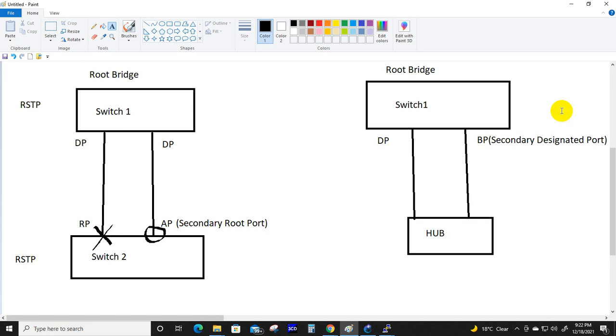If your STP concept is clear, then RSTP will be much easier for you.